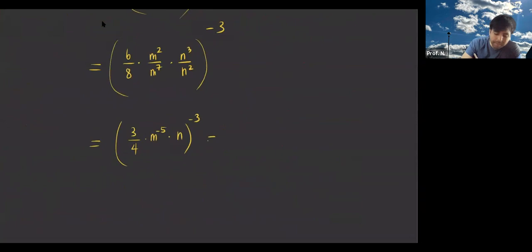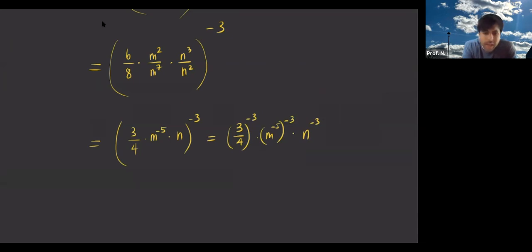So let's do that. I'll take 3/4 and raise that to the negative third power. I'll take m to the negative 5 and raise that to the negative third power. I'm going to take n and raise that to the negative third power. And I'm going to take care of each of them individually.